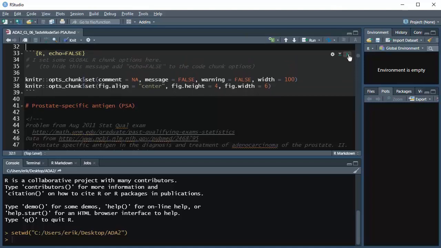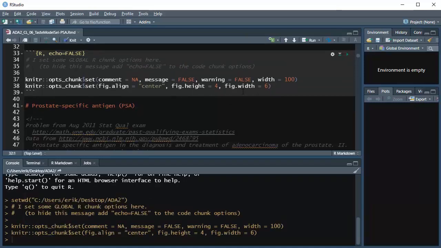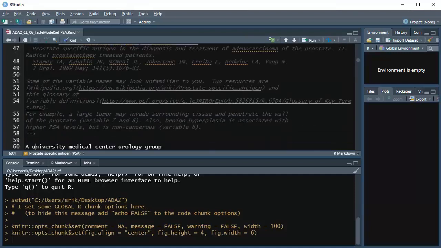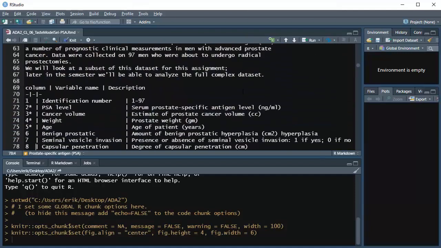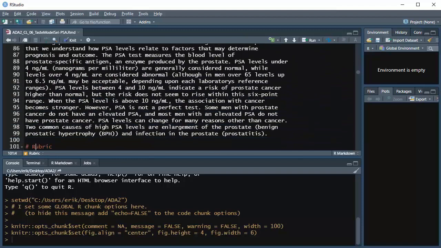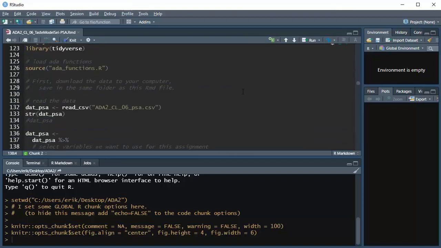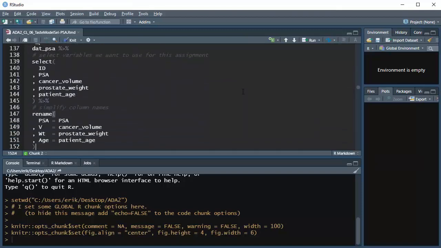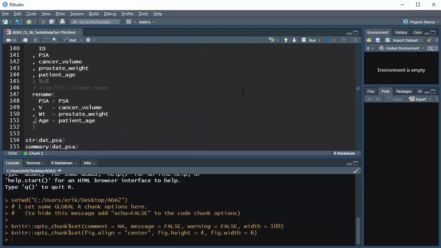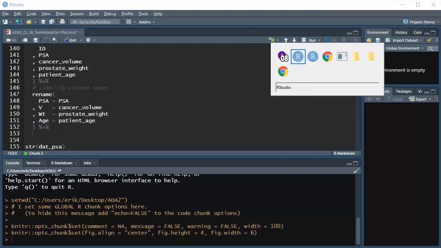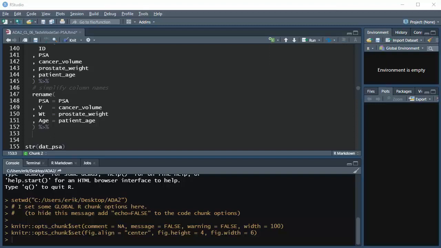You don't really need to run that knitter code chunk. All right, so I'm scrolling down to the data, and we're going to do a couple things here. All right, so let's tag onto here a few decisions. I'm just going to work off screen just for a quick second.